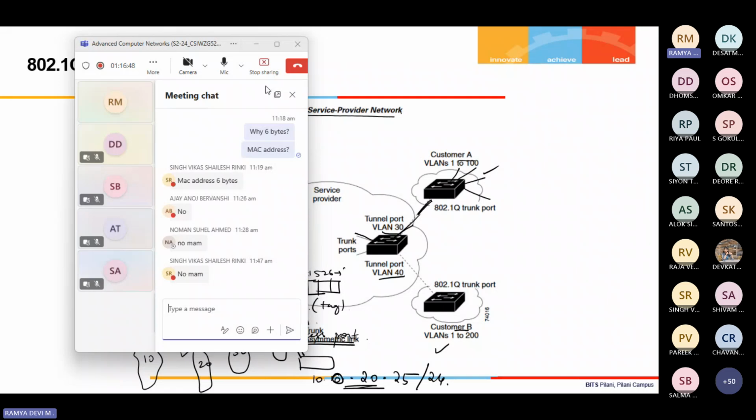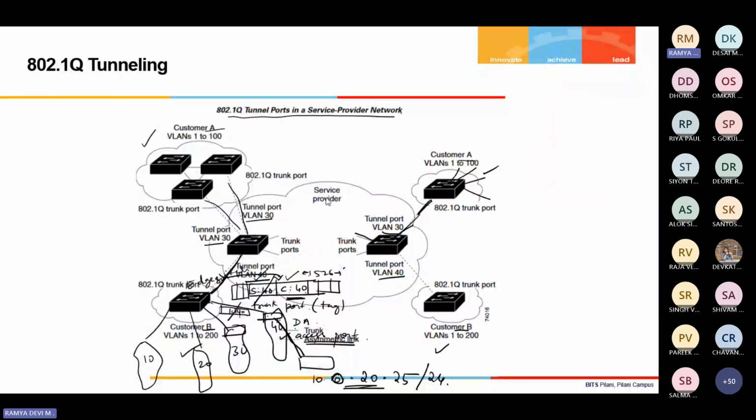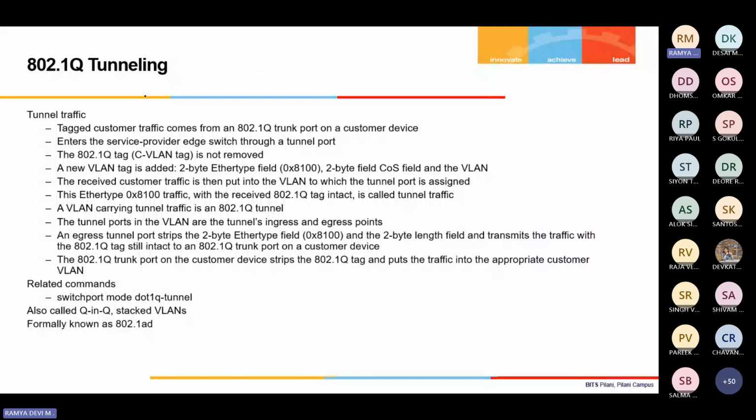Now we'll see 802.1Q tunneling. The traffic from the customer device will have a customer VLAN identifier as well. The customer tag will be represented with CVLAN and the service provider tag will be represented with the help of SVLAN. The outer tag will contain the customer ID and the inner tag will have the customer VLAN identifier.